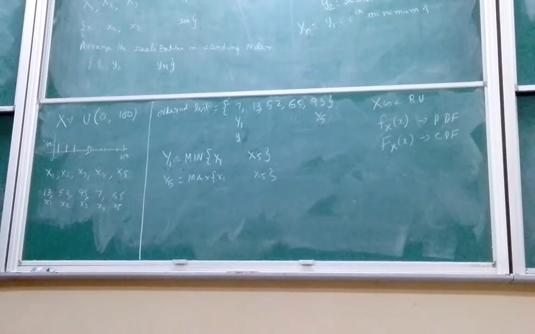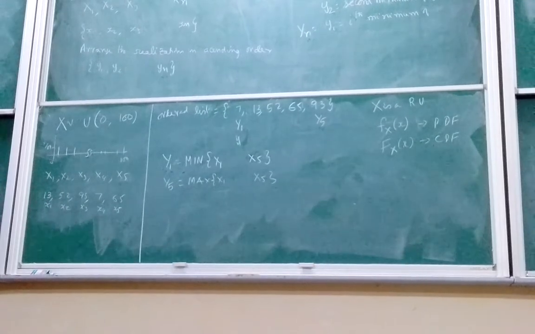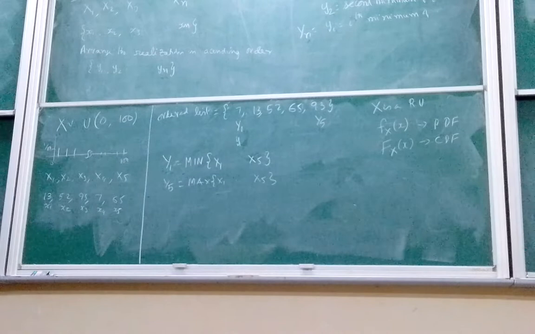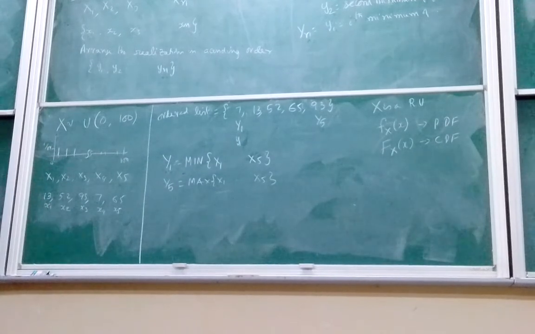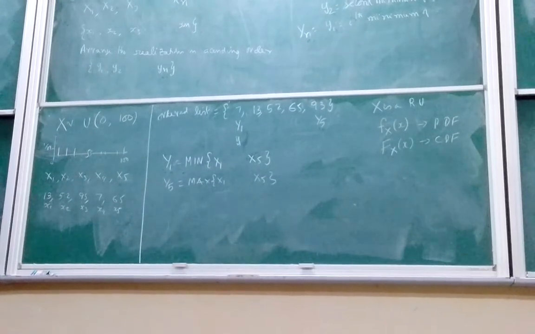For example, delta of x minus x1, which means that with property P1 it takes the value x1.